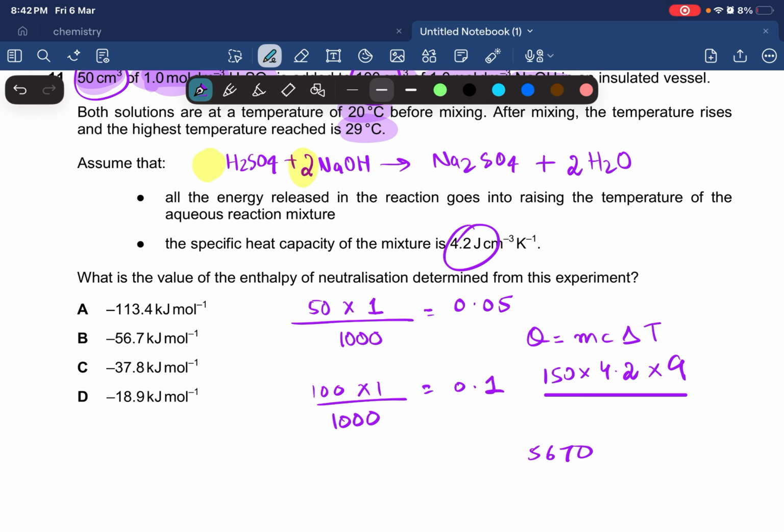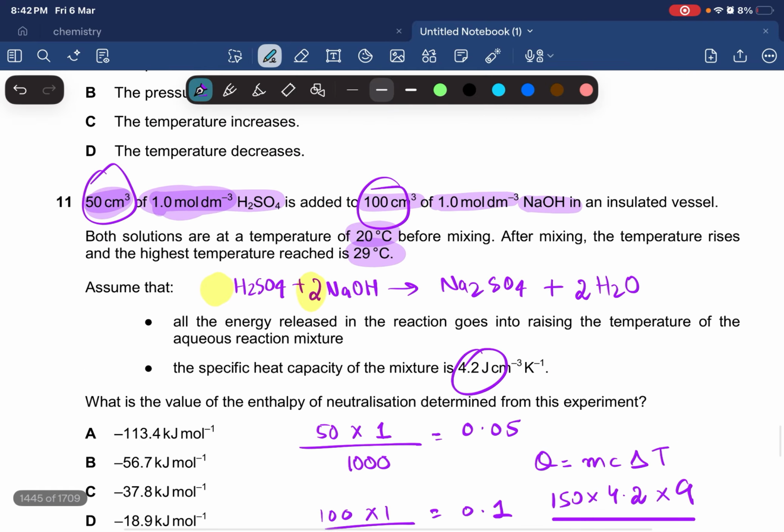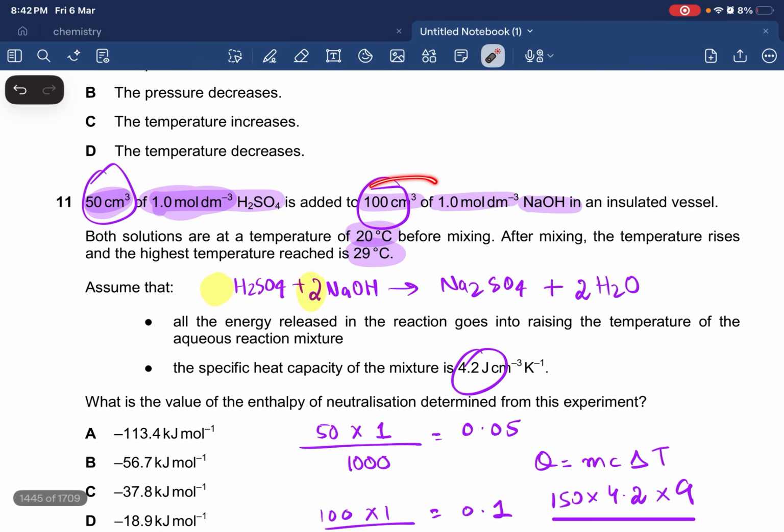And if I divide 5670 by 0.1, I get 56700. So I am dividing it by the moles of my NaOH. One second.